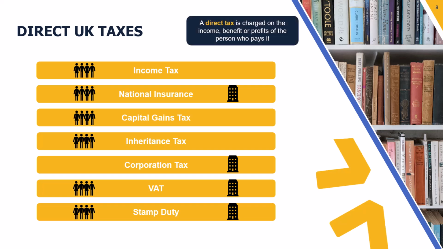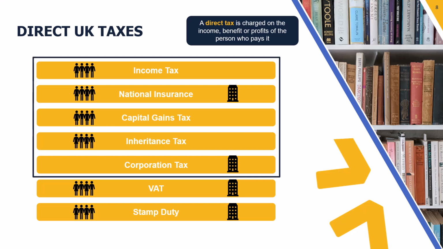A direct tax is a tax that is charged on income or benefit or profits, and the person who suffers the tax, in other words, whose liability it is, is also the person who pays that tax across to HMRC. And within the UK, our direct taxes are income tax, national insurance, capital gains tax, inheritance tax, and corporation tax.